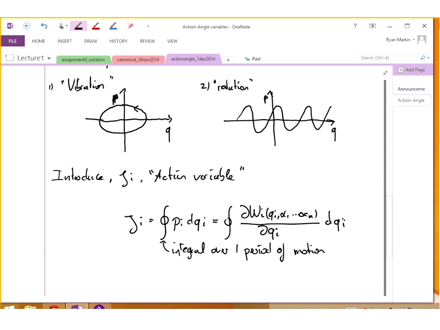Okay, that's just inserting the definition or the properties of the canonical transformation that relates p_i to the W_i's. Okay?